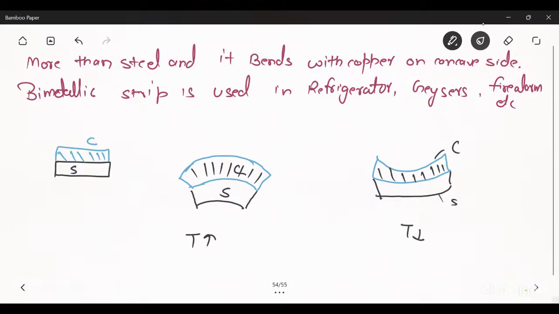When we decrease the temperature, copper contracts more than the steel.